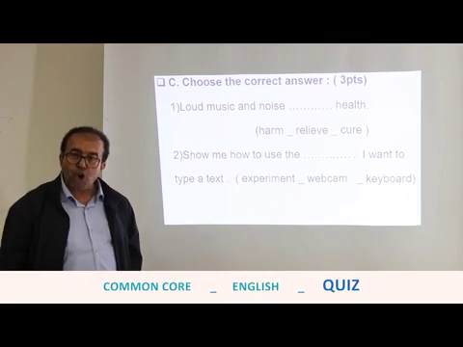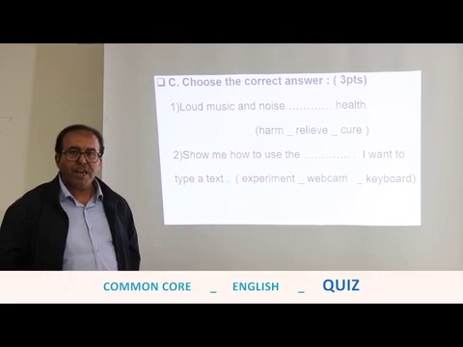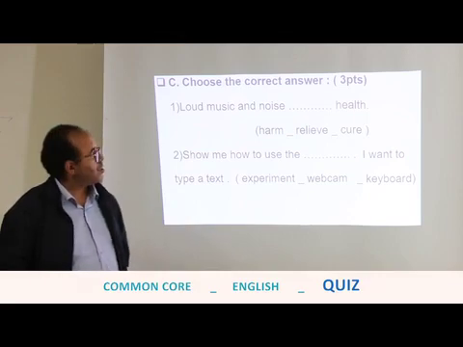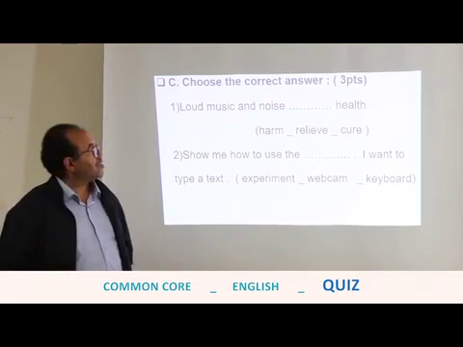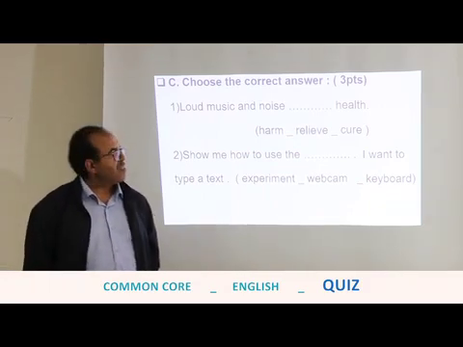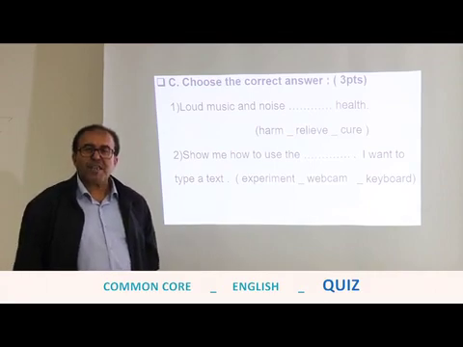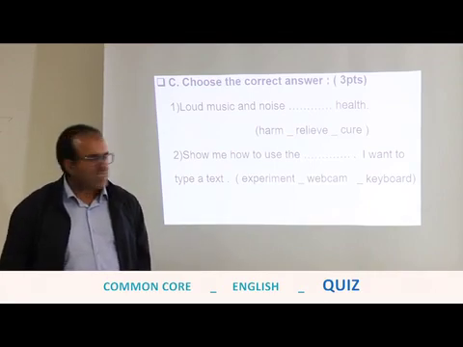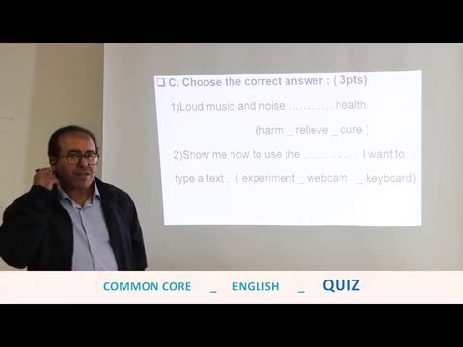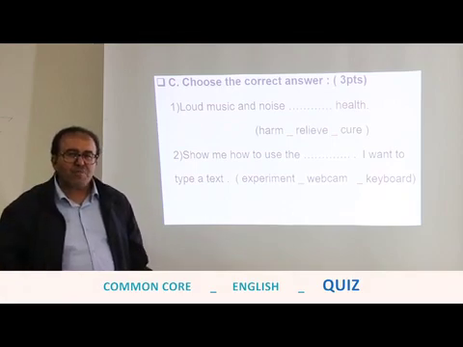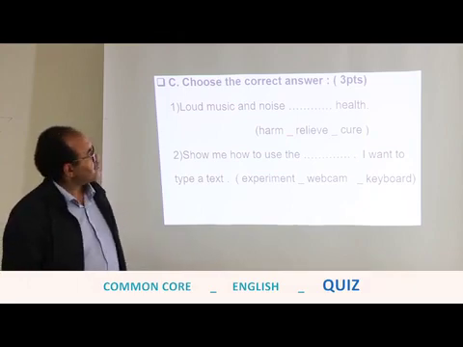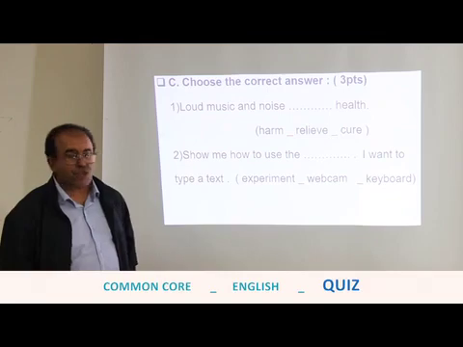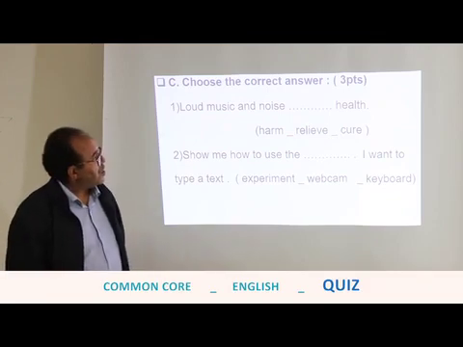And the opposite of low voice, low noise, is high noise. H-I-G-H. Loud music, music with high voice and noise. Now, noise, in big cities there is noise, so it affects your hearing. When you can't hear, there is too much noise. So, loud music and noise, health.